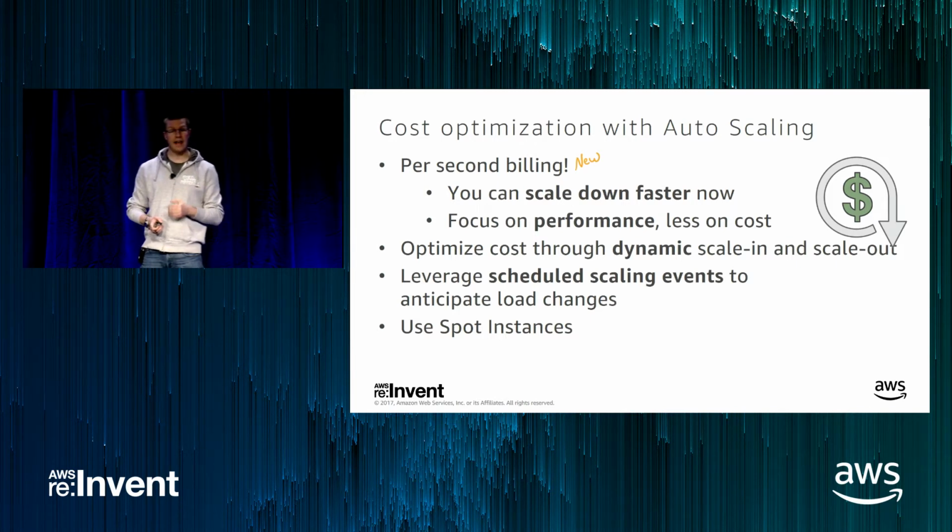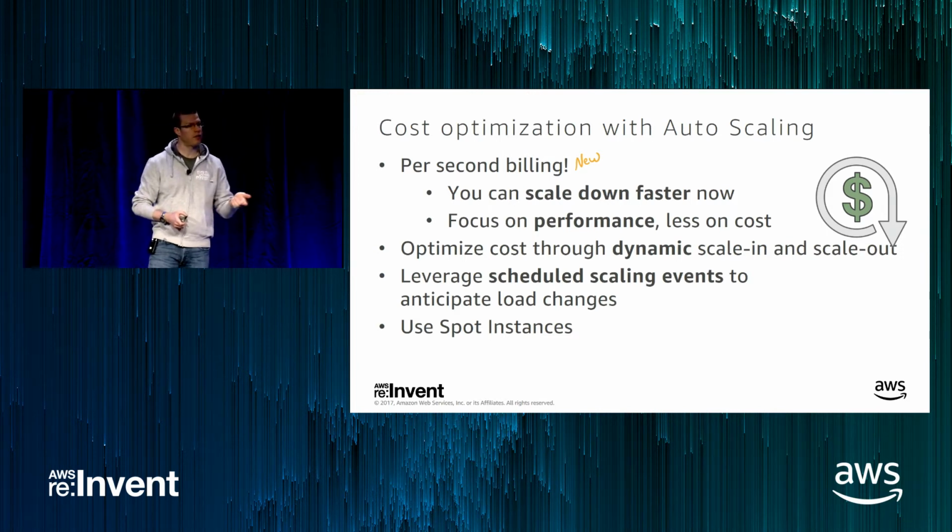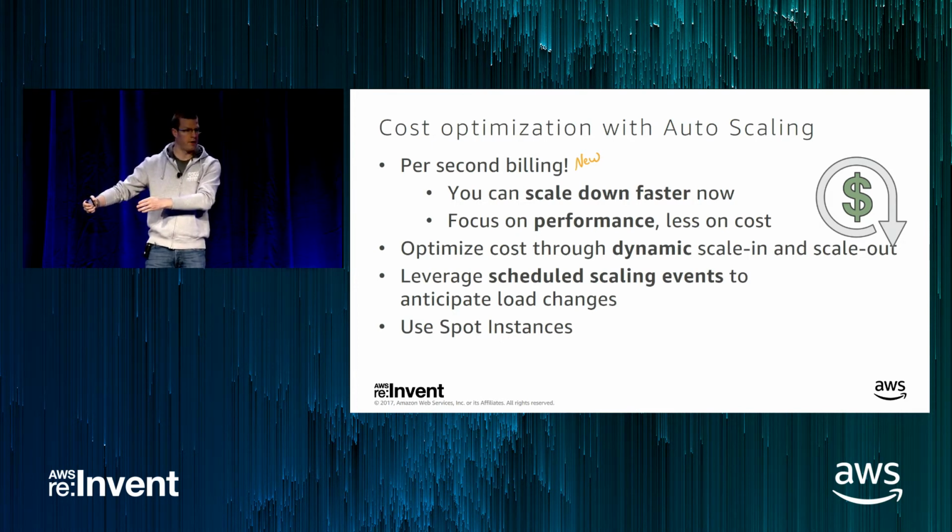For autoscaling, that means we can scale down a lot faster now. Because before that change, we always needed to consider that we already paid for the whole hour, right? So starting up an instance and shutting it down after 10 minutes doesn't make any sense because you already paid for the other 50 minutes of the hour.